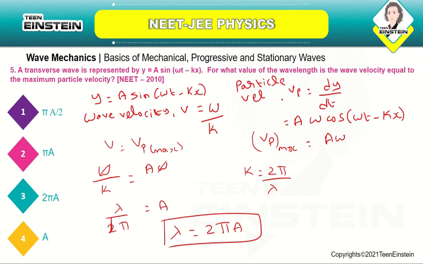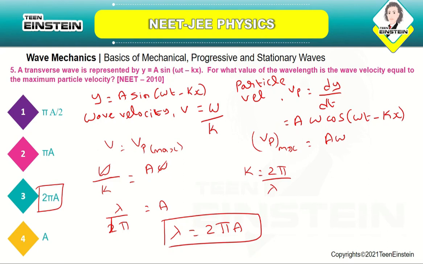Okay, so the correct answer is option number 3. So for lambda equal to 2 pi a, the maximum particle velocity will be equivalent to the wave velocity.